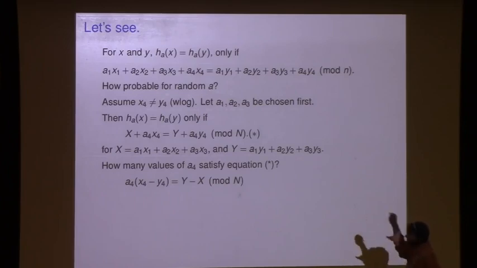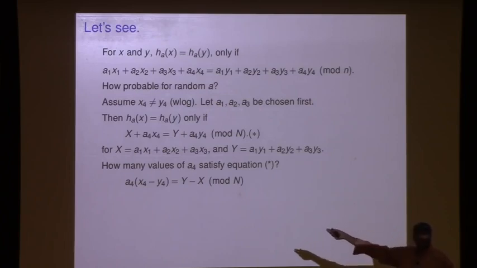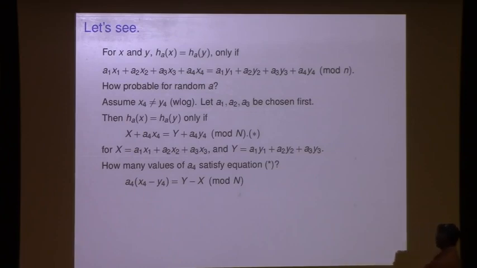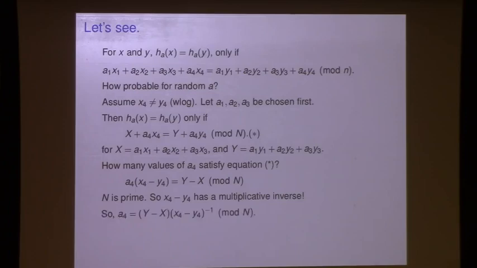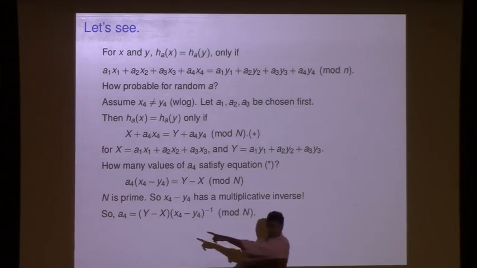Well, we could just solve this equation for A4. How many values of A4 satisfy equation star? That's the same thing as solving the equation for A4. So A4 is equal to y minus x times the multiplicative inverse of x4 minus y4. So how many values are there for A4?